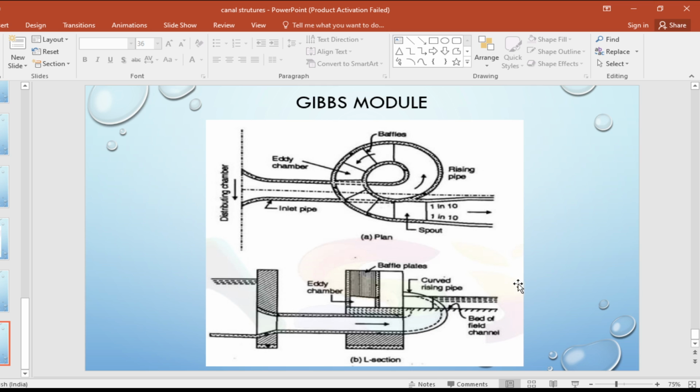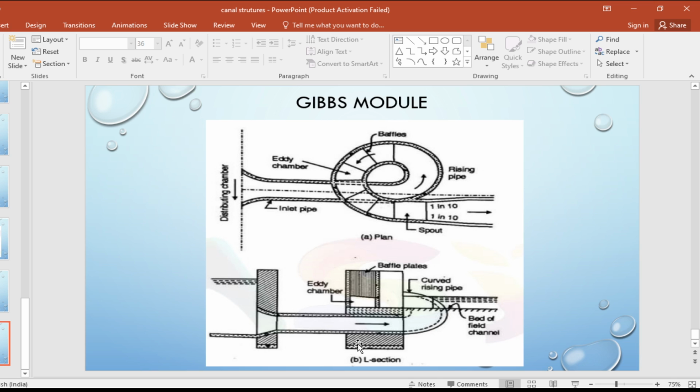This diagram shows the Gibbs module outlet. This is designed by A.S. Gibbs, a former executive engineer in Punjab Irrigation. This shows the plan and section of the outlet.